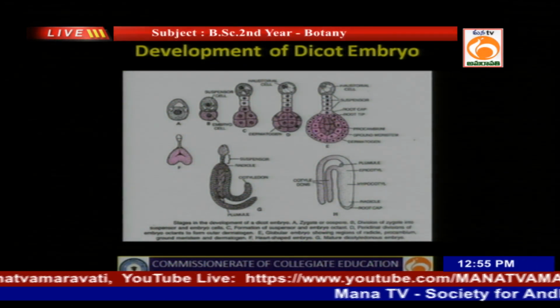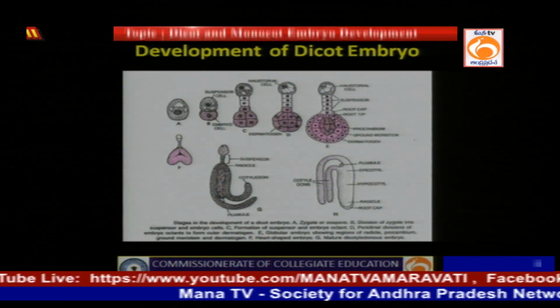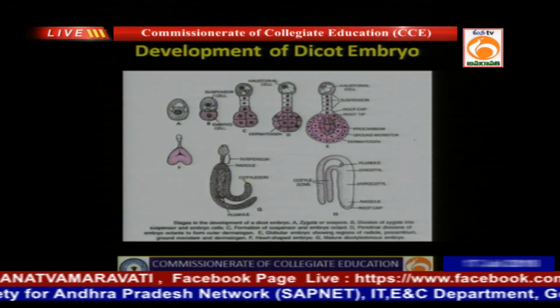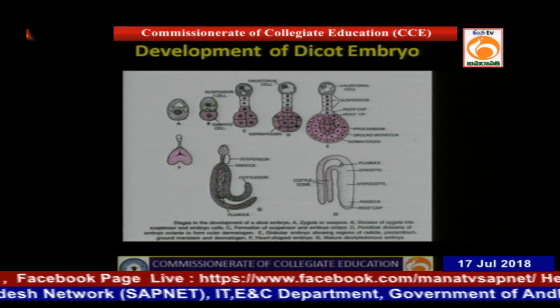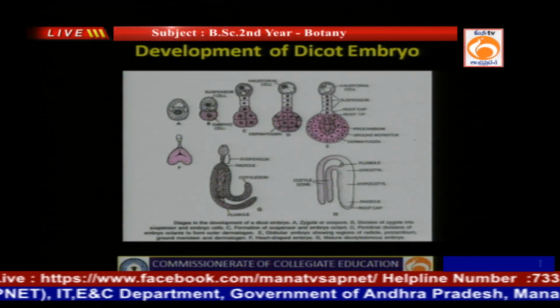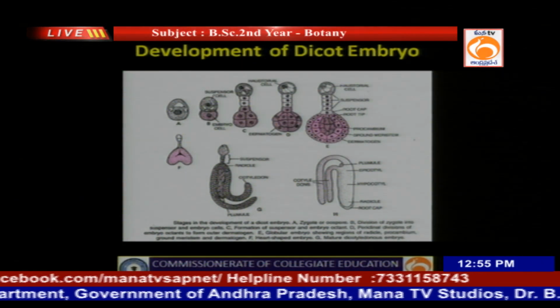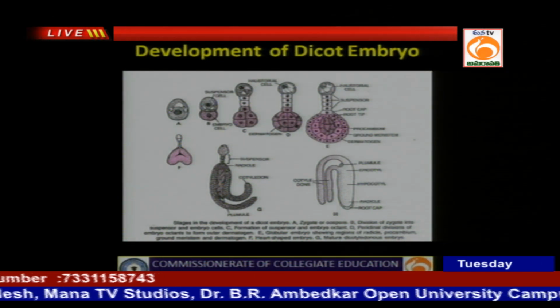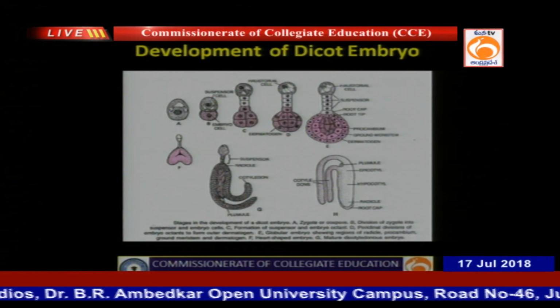The suspensor cell undergoes a few more divisions to form a filamentous suspensor. Here you are watching an elongated structure, top to bottom. In the middle 4 cells are there, and above 3 to 4 cells are there, which are related to the suspensor.